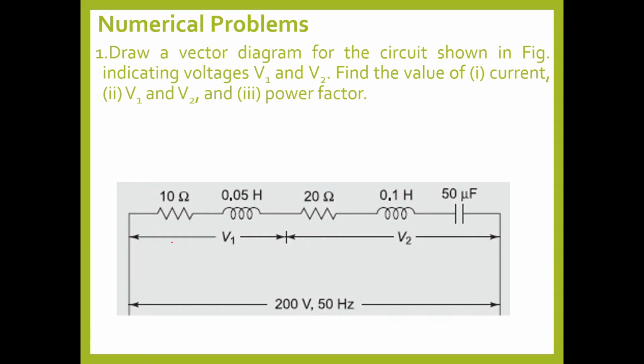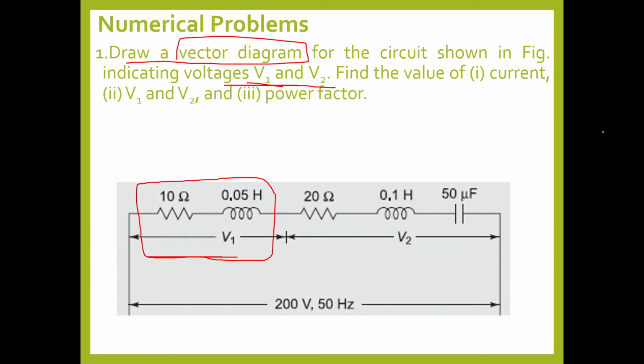So see here, they have asked us to draw a phasor diagram. Vector diagram means phasor diagram for the given figure. They have mentioned some V1 voltage and V2 voltage. V1 is the voltage across the resistor and this inductor.